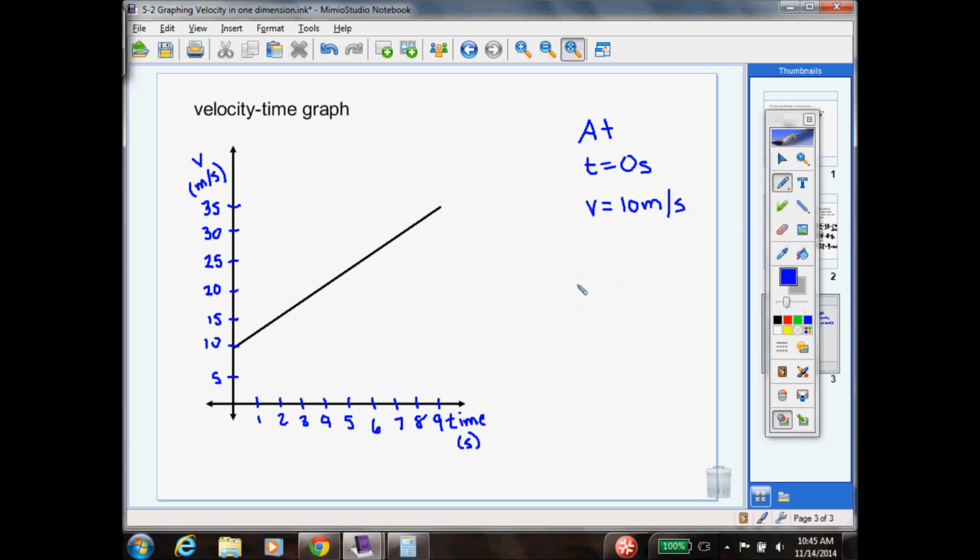What does that mean? The car's already moving when you started the time. Each second it's going 10 meters.